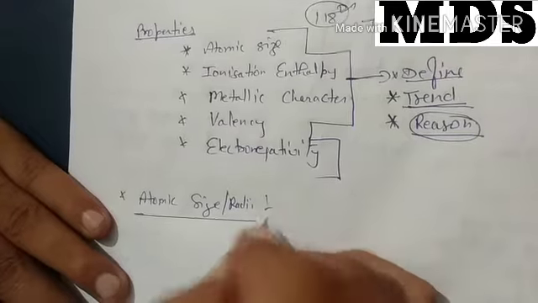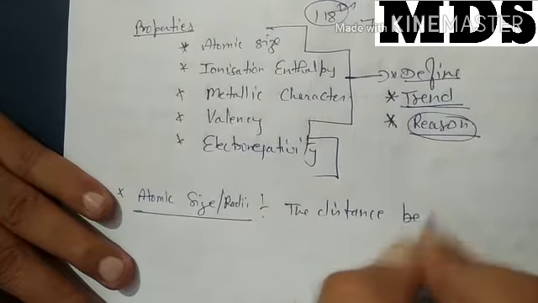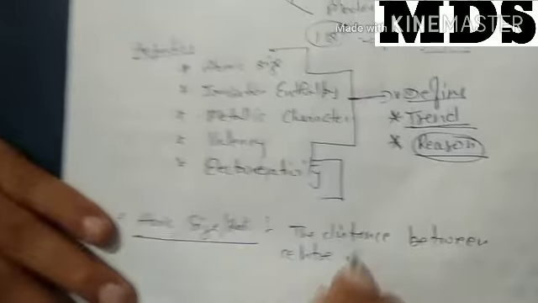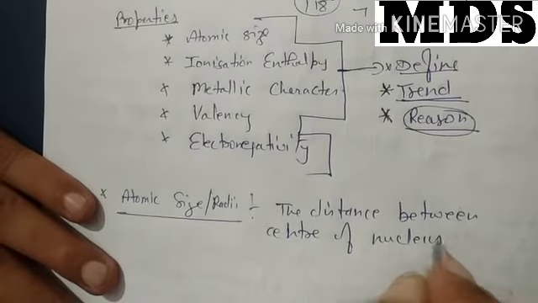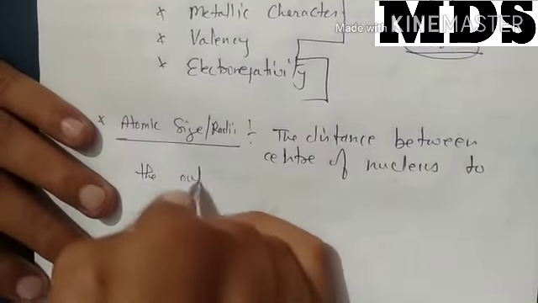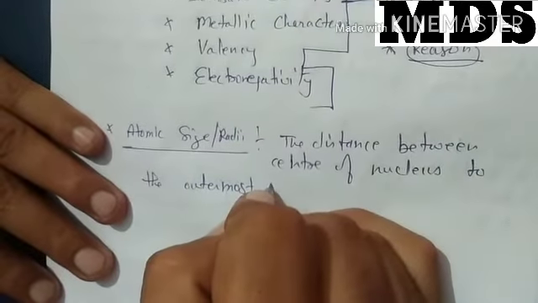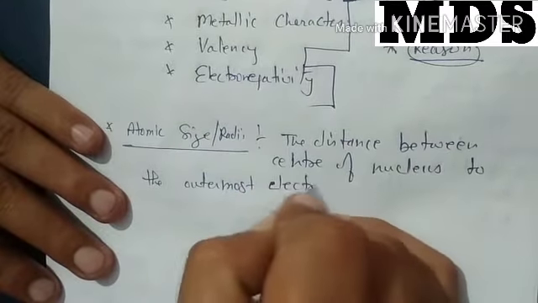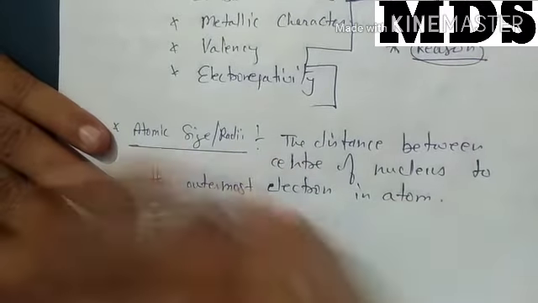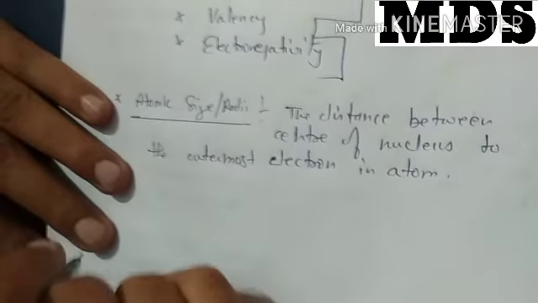The definition you will give: the distance between the center of the nucleus to the outermost electron in an atom. Okay, that distance is defined as the atomic radius of that particular element.